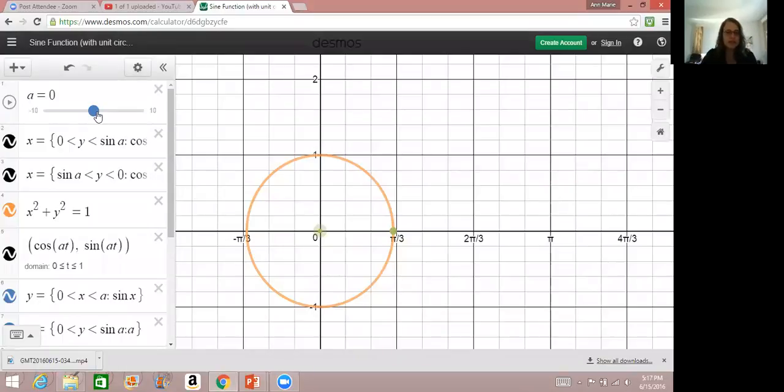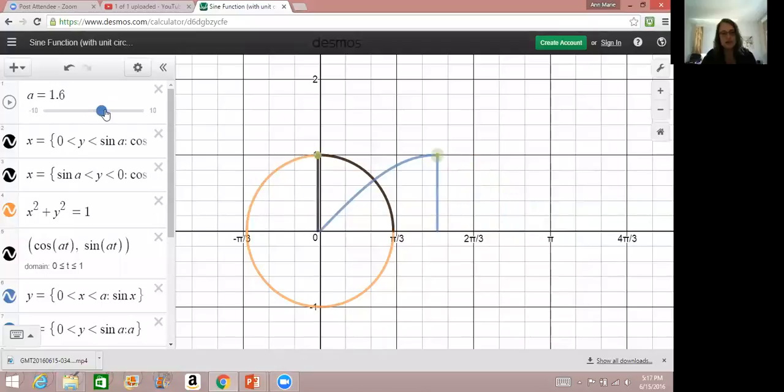What we're going to do is move around the circle. And what is happening here is that the sine of the angle is being graphed in the blue.